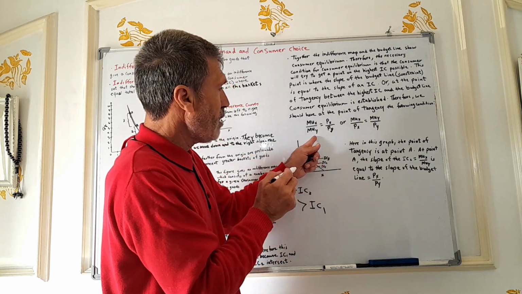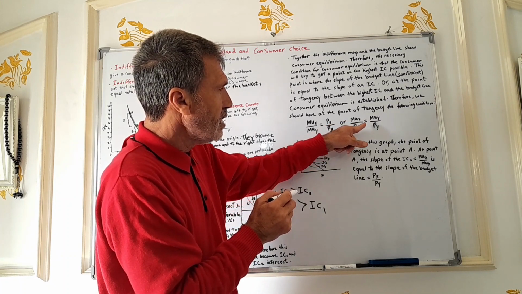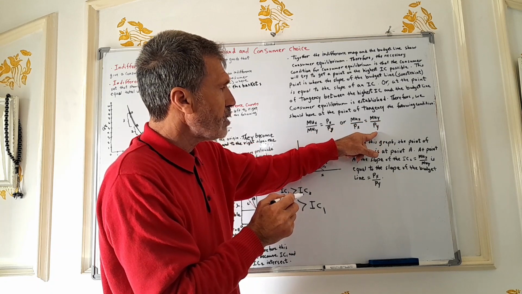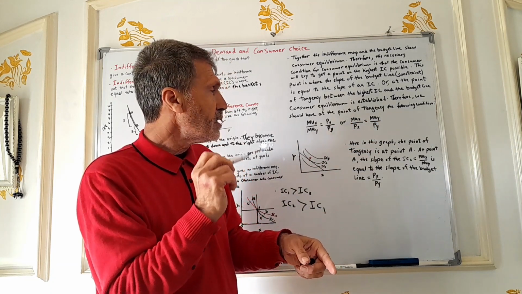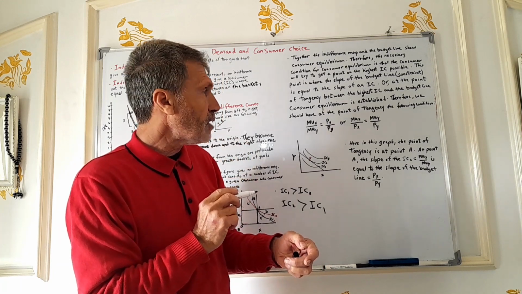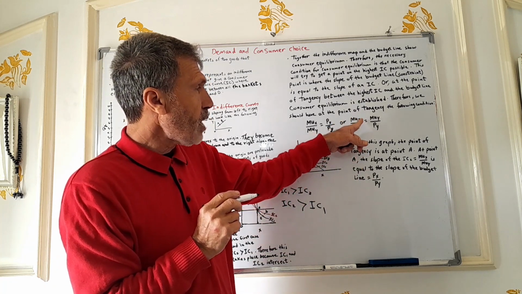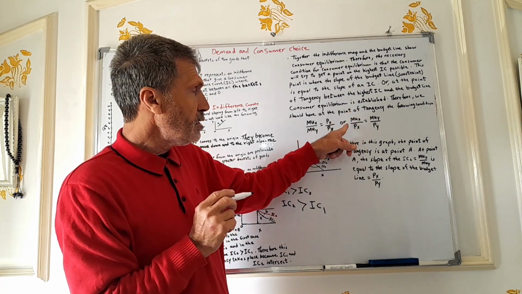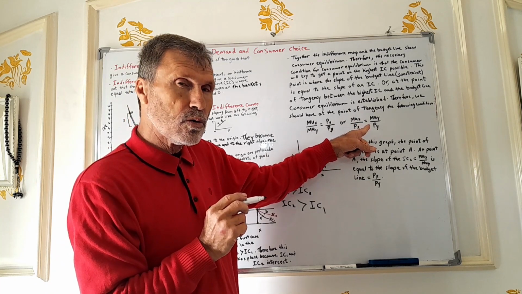Or, if you play with this formula, we come up with marginal utility of X over the price of X equals marginal utility of Y over the price of Y. This is the formula we learned previously while discussing other concepts in this chapter. The marginal utility per dollar is equal for all goods.